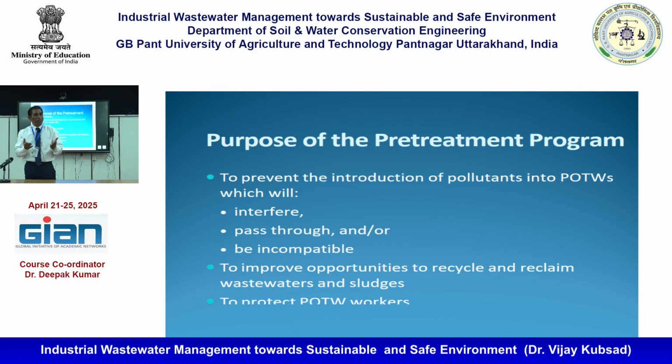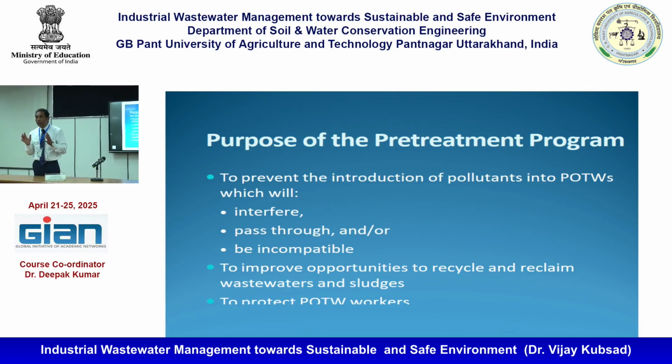Either it will end up in the river where they are discharging, or if they are applying it to the land, it will end up in the land. That is why we ask the treatment plant to monitor many things. They do a priority pollutant scan of maybe about 20-30 pollutants. We scan them to find out whether there is any pass through.